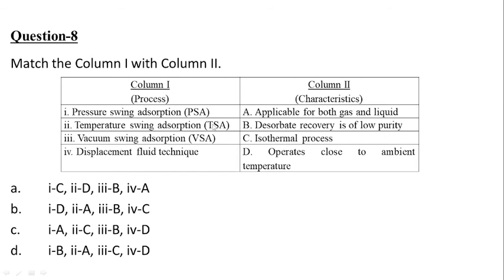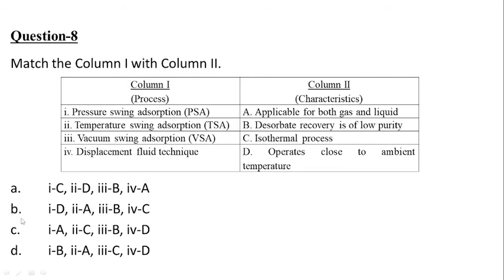2A, temperature swing adsorption. Temperature swing adsorption is applicable for both gas and liquid. And 3 is B, vacuum swing adsorption is used. After vacuum swing adsorption, the desorbate recovery is of low purity, and displacement fluid technique is an isothermal process.